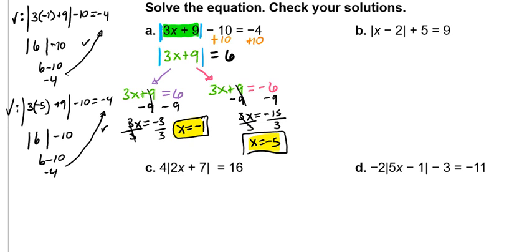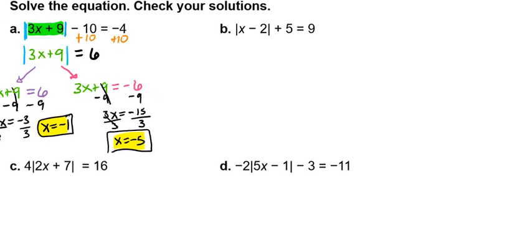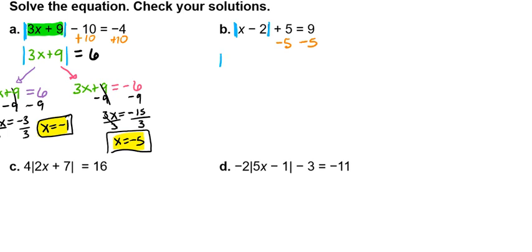If we come over here and look at our next example, we see that we've got our absolute values, but we need to get that 5 on the other side. So we'll subtract 5 from both sides, and that's going to give us the absolute value of x minus 2 equals 4.